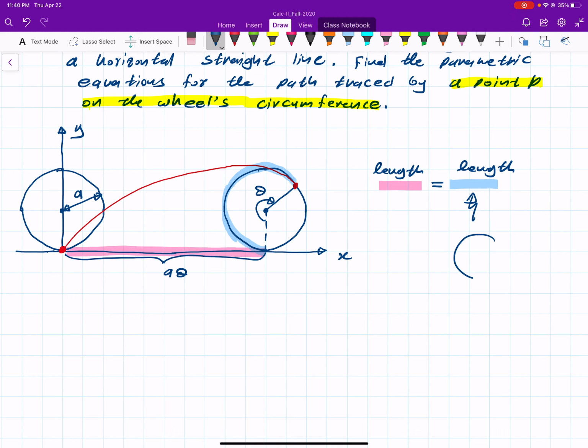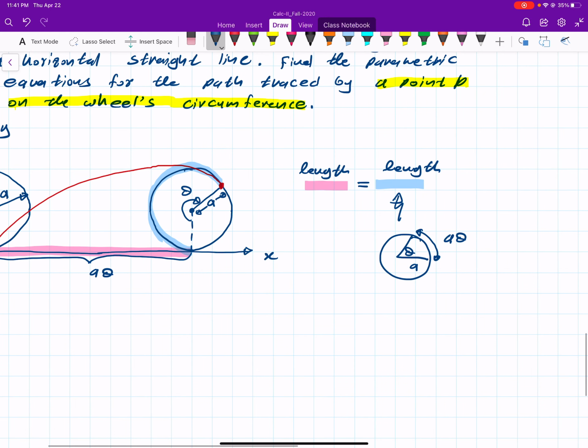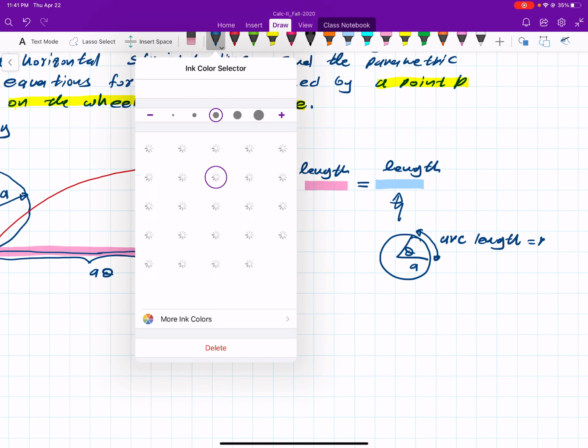You have a circle, and then you have this angle theta and the radius, which is a, and then you are asked to compute that length, this arc length. Arc length equals a theta.